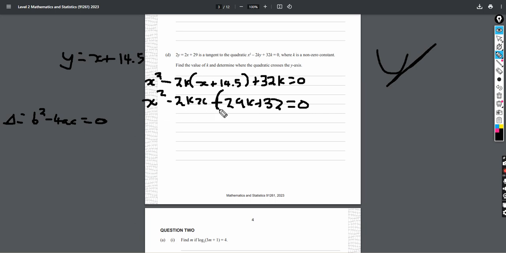So this is our b term, this is our c term, this is our a term. B squared is negative 2k squared minus 4 times a, which is 1, times c.